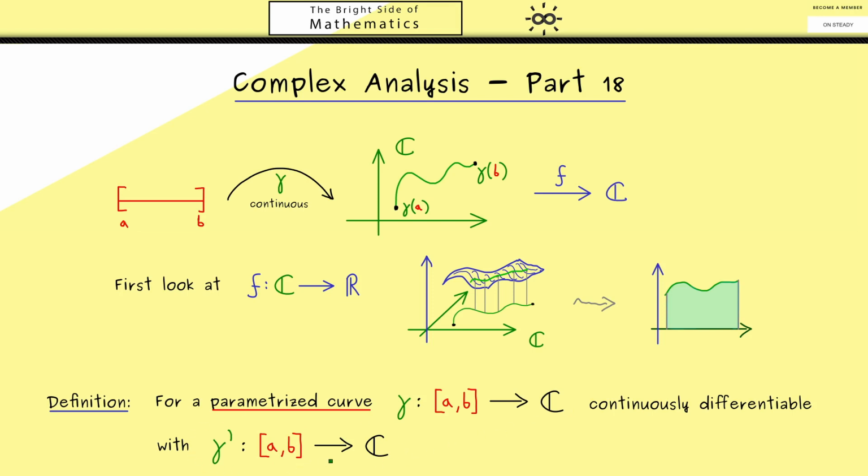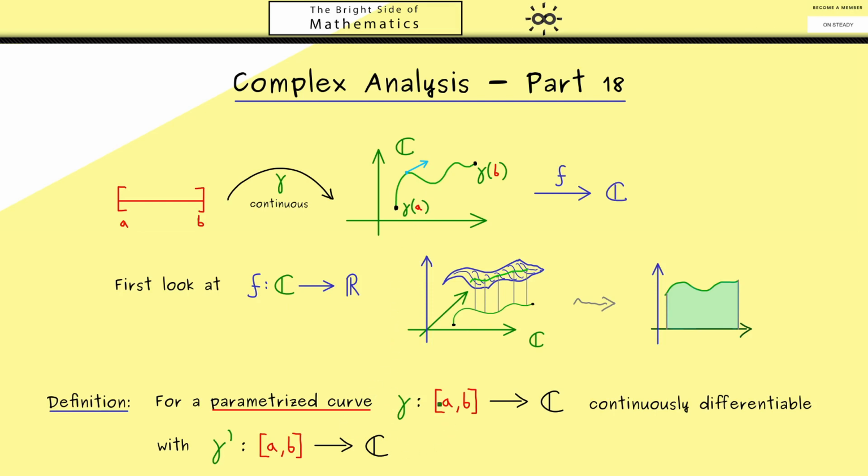Now, the interpretation here is that gamma prime explains how fast we go through the curve. This comes out because gamma prime gives us the slope for the real and the imaginary part of gamma. Therefore, you can represent gamma prime as an arrow on the path. It gives us the rate of change of the function in two directions.